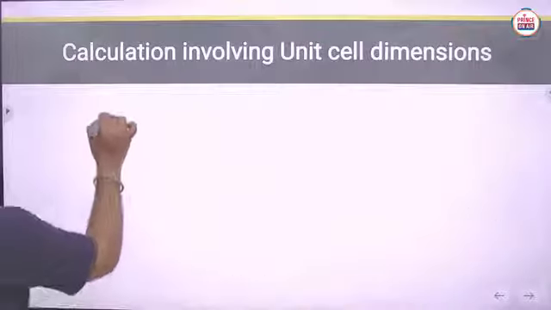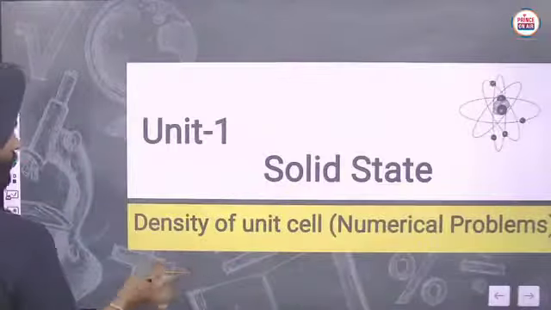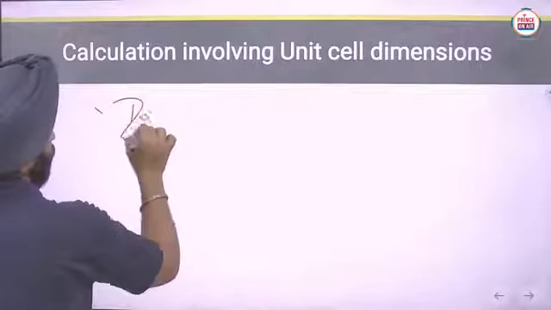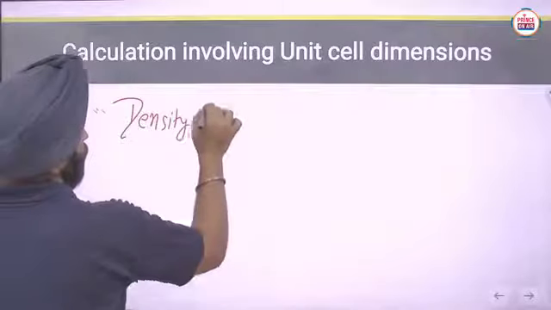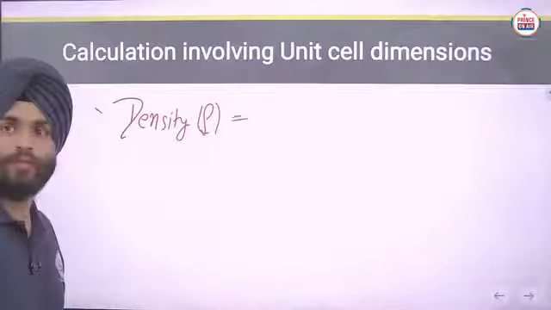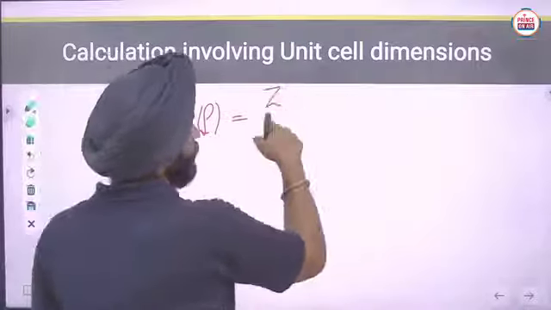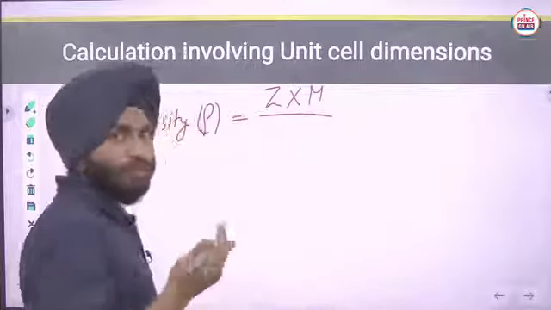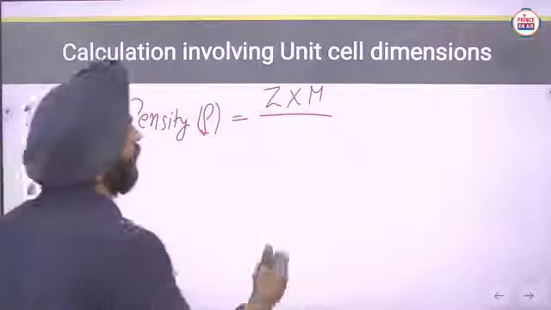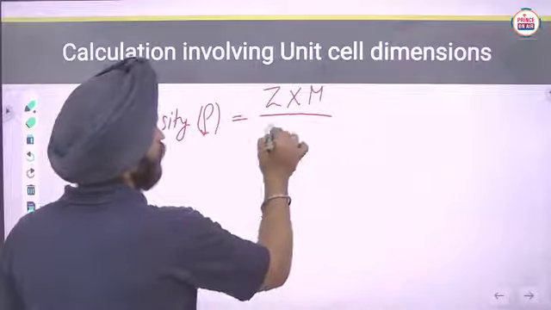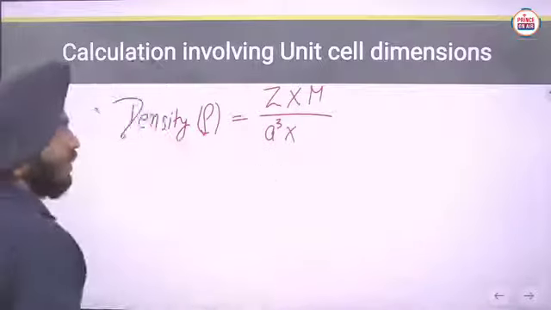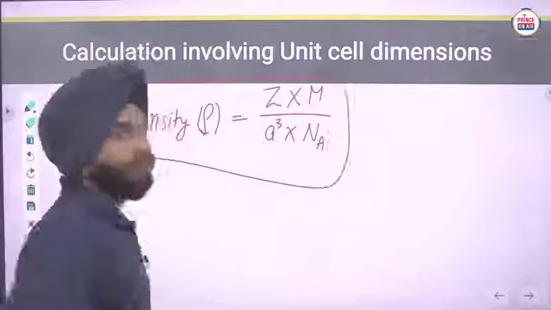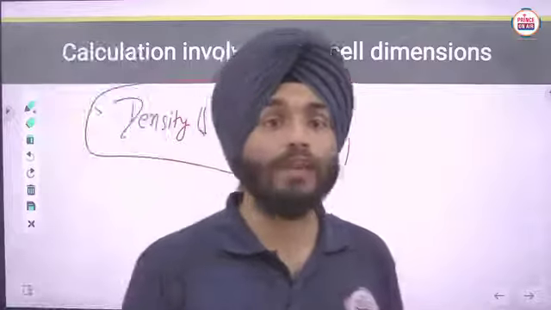So the formula comes out to be density, that is rho, or you can write it as small d. Z is the total number of particles in the unit cell. M is the molar mass of the element which we are using for the particle, and A cube, where A is the edge length, and Na is the Avogadro's constant, whose value is 6.02 into 10 raised to 23.